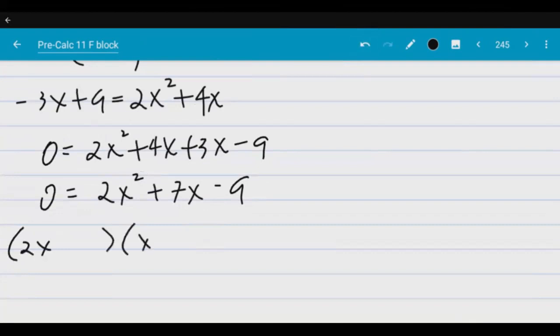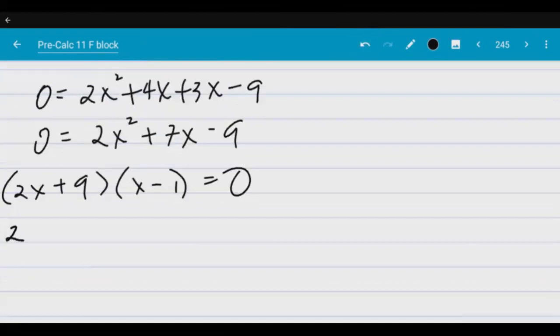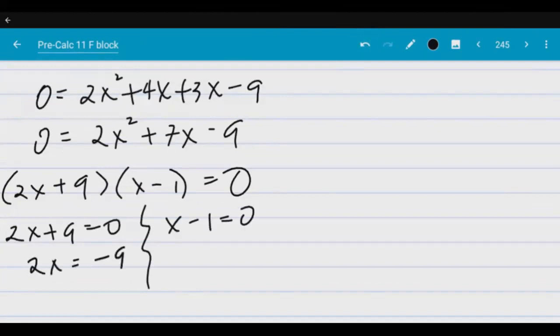For you to get a 7 as a middle term, that would be to make it plus 9 here, minus 1 here. Okay? Splitting it up into two solutions. x minus 1 is 0. 2x equals negative 9. x is equal to negative 9 halves. All right? Negative 9 halves. While the other one, x is equal to 1.